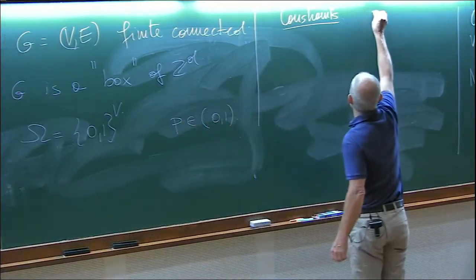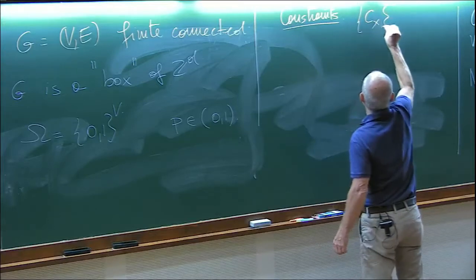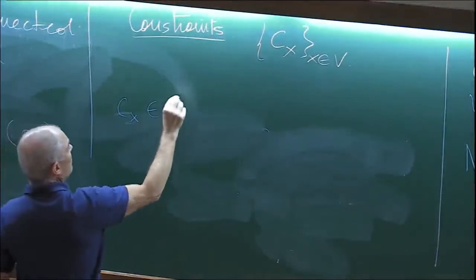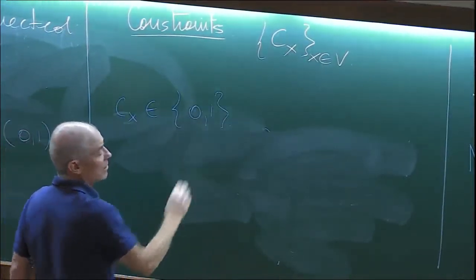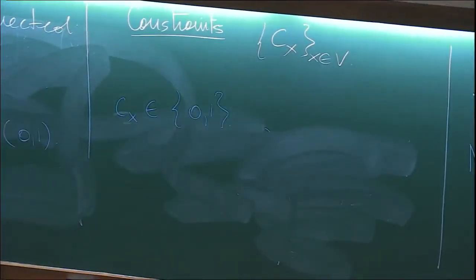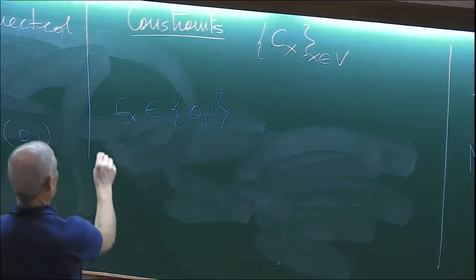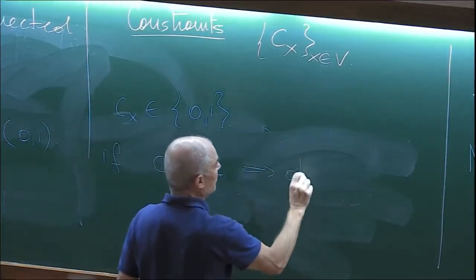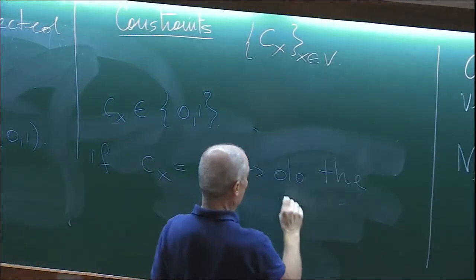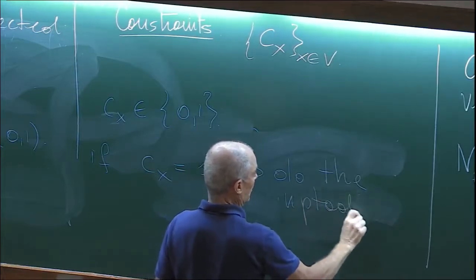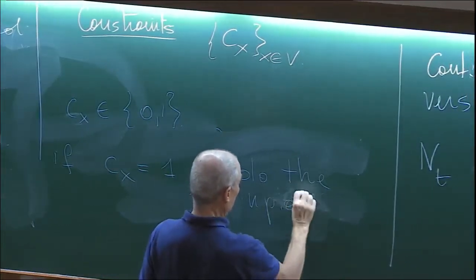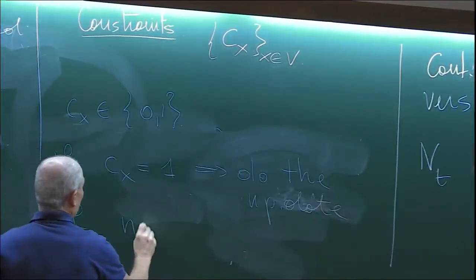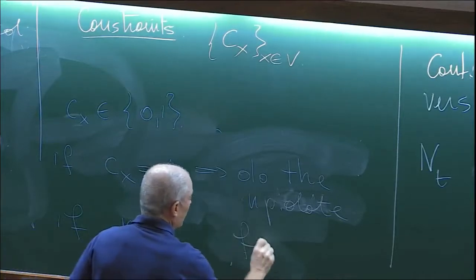So constraints usually are indicated by c_x, okay? And c_x takes values in {0,1}. They are sort of hard constraints. If c_x is 1, do the update. If not, forget it.